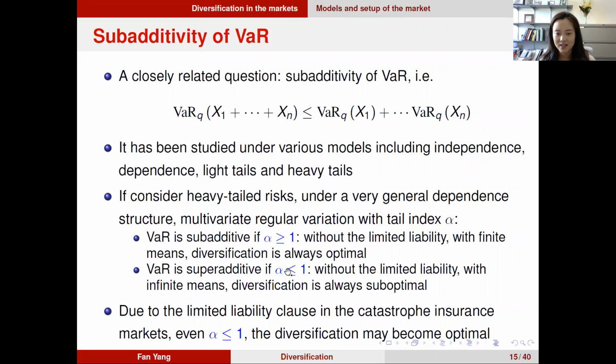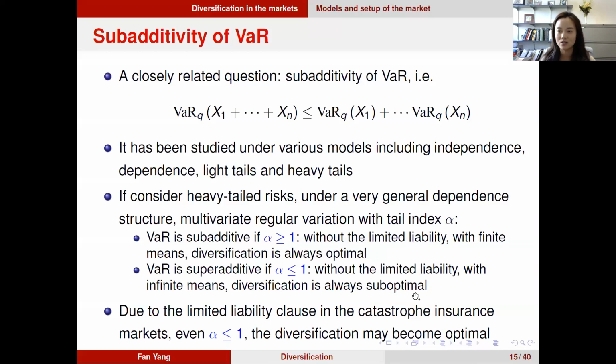On the other hand, if the marginals are extremely heavy, that means with infinite means, then diversification is always suboptimal. So now you can see without imposing the limited liability, if we consider extremely heavy tailed distributions, then diversification in such a market is always suboptimal.